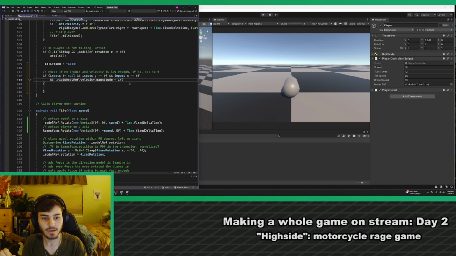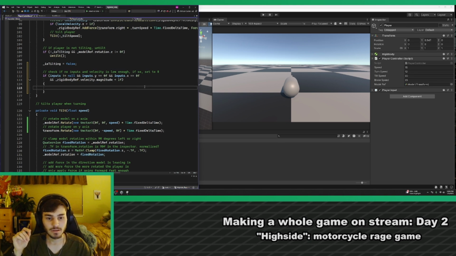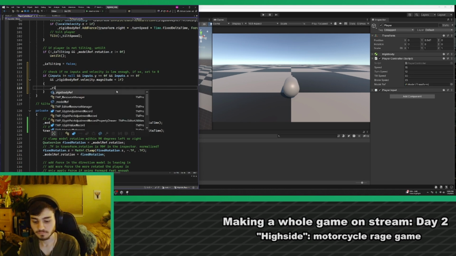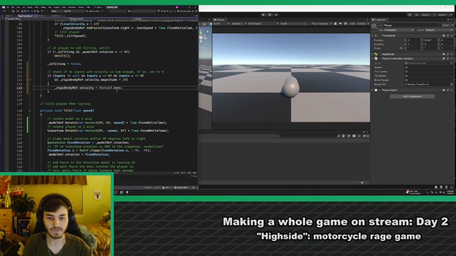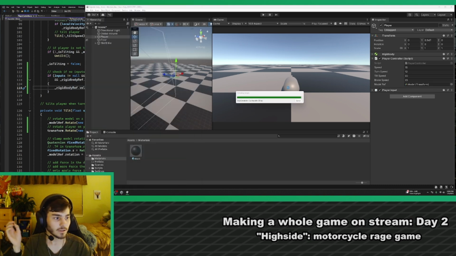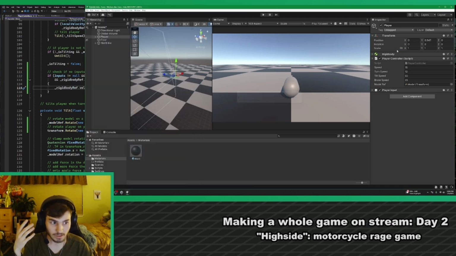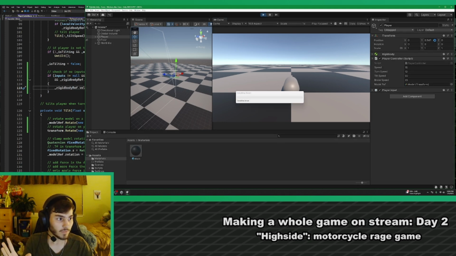Actually, let's go ahead and do 1. Velocity is a Vector3. Yeah, Vector3. So rb.velocity equals Vector3.zero. Exactly. So theoretically, if I stop moving here, these will stop.